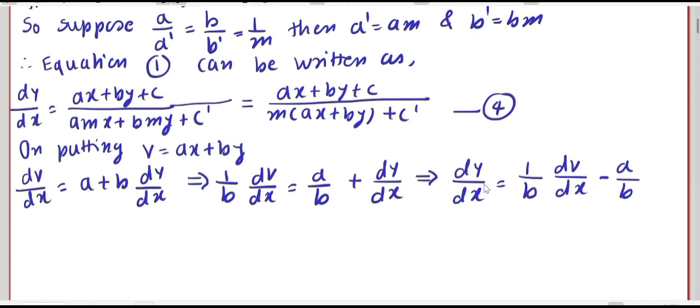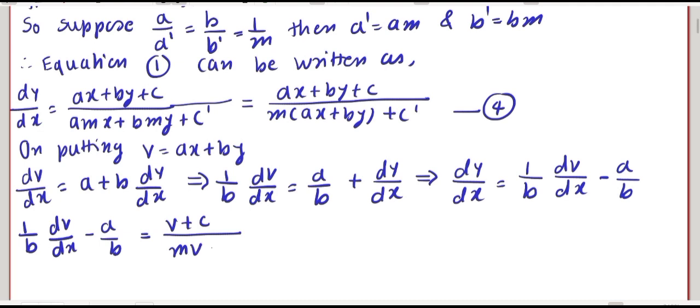Now putting the value of v and dy by dx in equation 4, we get 1 upon b dv by dx minus a upon b is equal to v plus c divided by mv plus c dash.